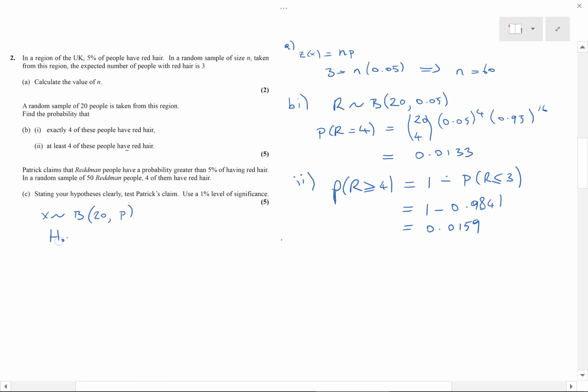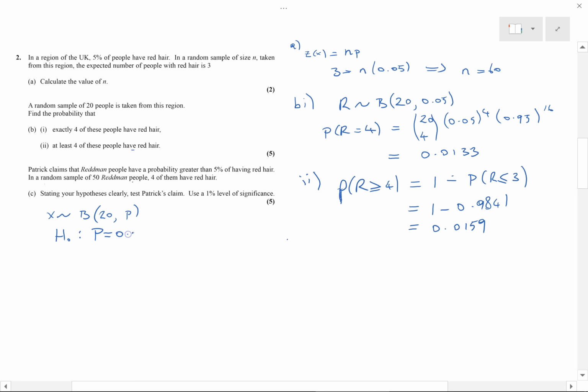The null hypothesis is that p is not changed from what we had before, so the probability is 0.05. We don't think it's changed. That's the null hypothesis, and then the alternative hypothesis is greater, and it's one-tailed. We haven't been asked for a probability of a change, so that p is greater than 0.05.